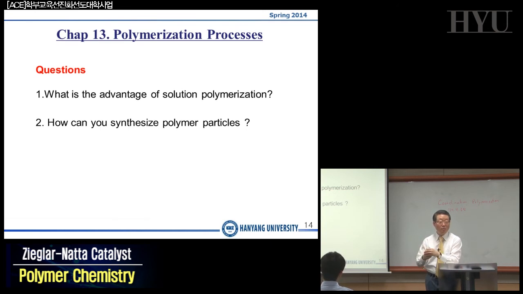You could proceed with bulk polymerization or solution polymerization, or you can add surfactants in your polymerization systems or not. So depending upon the other additives in your polymerization systems, the final polymer and molecular weight might be different. So in this chapter, I just wanted to show you the technical aspects of polymerization systems.